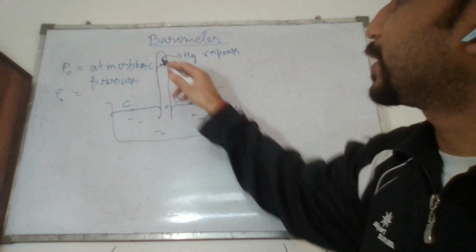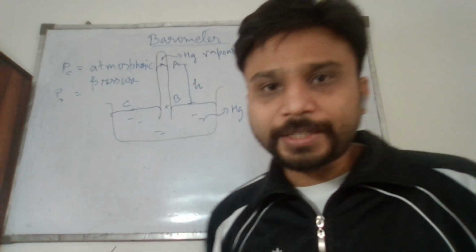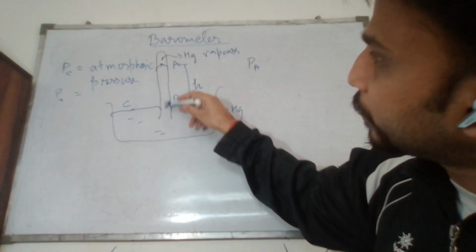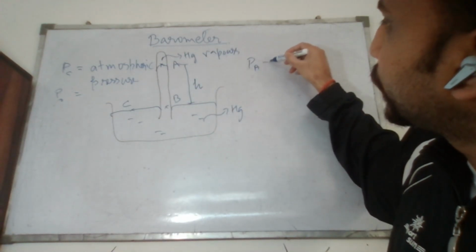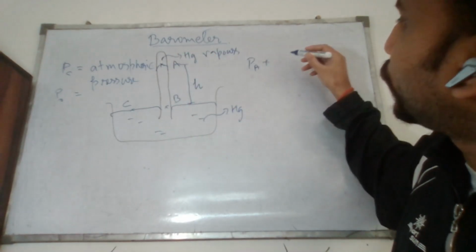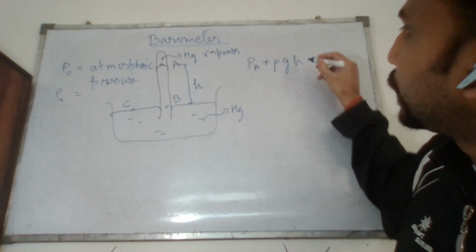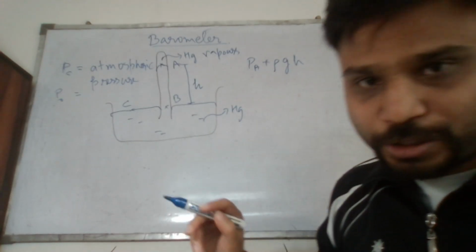The pressure at point A is whatever pressure A is. Adding the pressure of this fluid of density rho and height h to the pressure at point A gives PA plus rho g h.